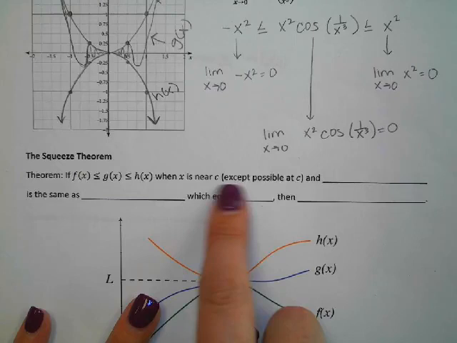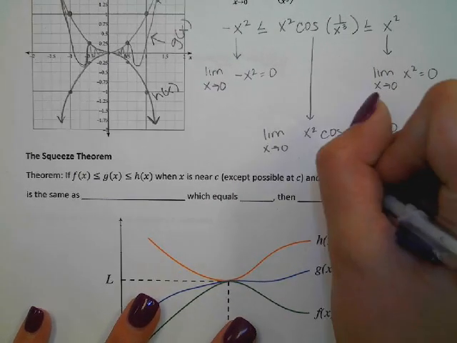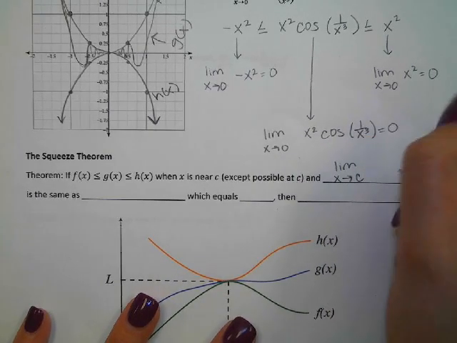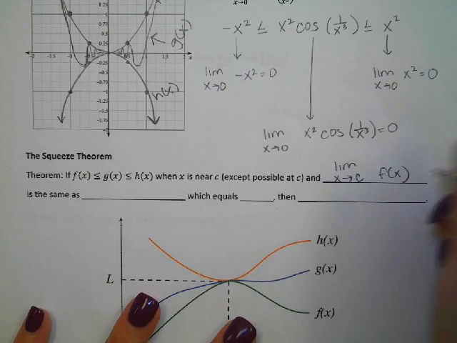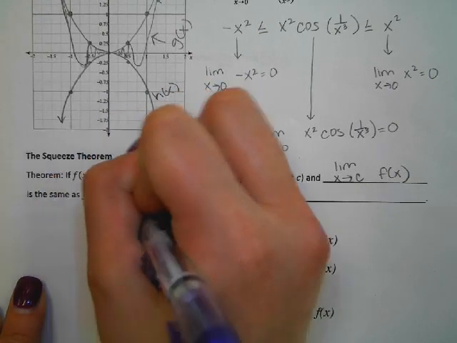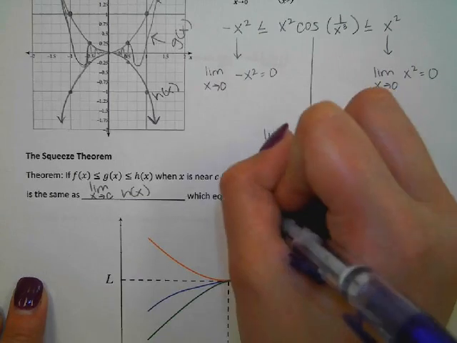So near c, except maybe at c, and the limit as x approaches c of f of x is the same as the limit as x approaches c of h of x, which equals L, right?